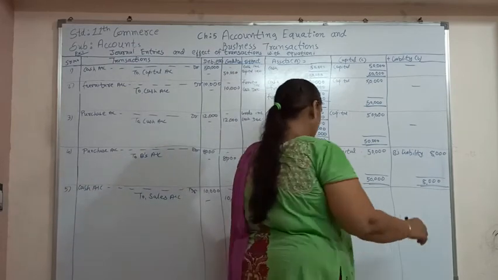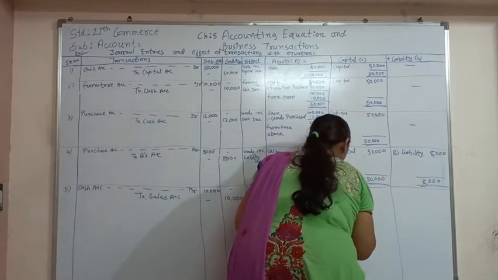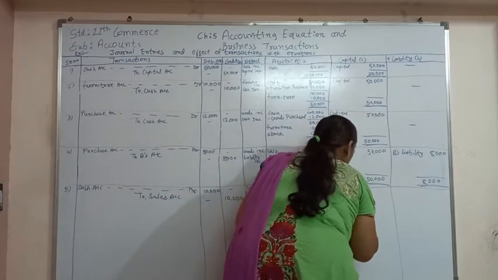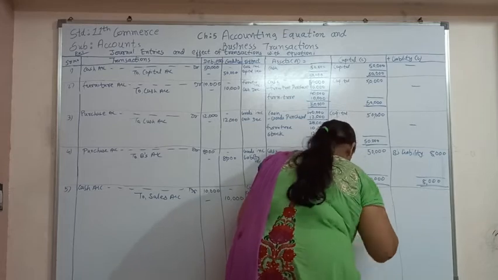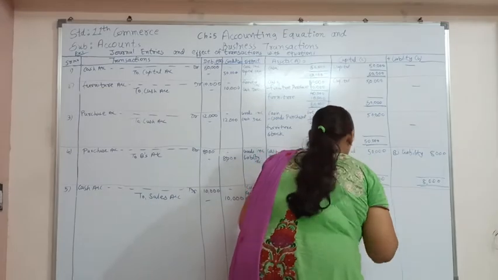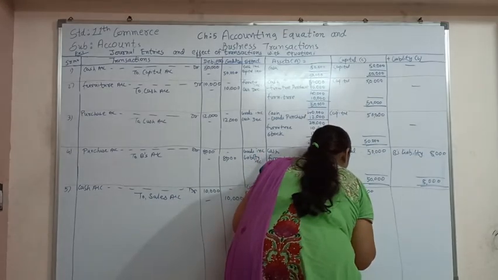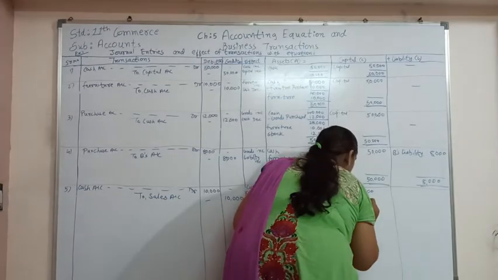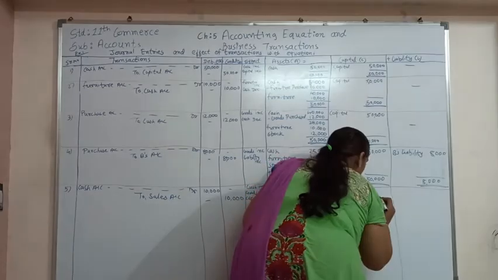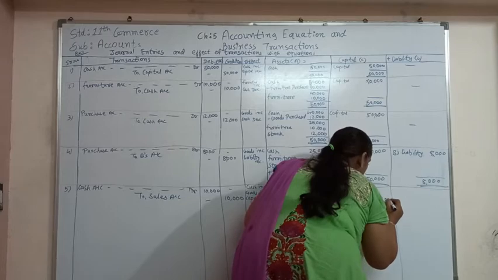Now here we can see that capital was of rupees 50,000, and in that we are going to add the profit portion of the transaction. So that is 3,000. So total will be 53,000.